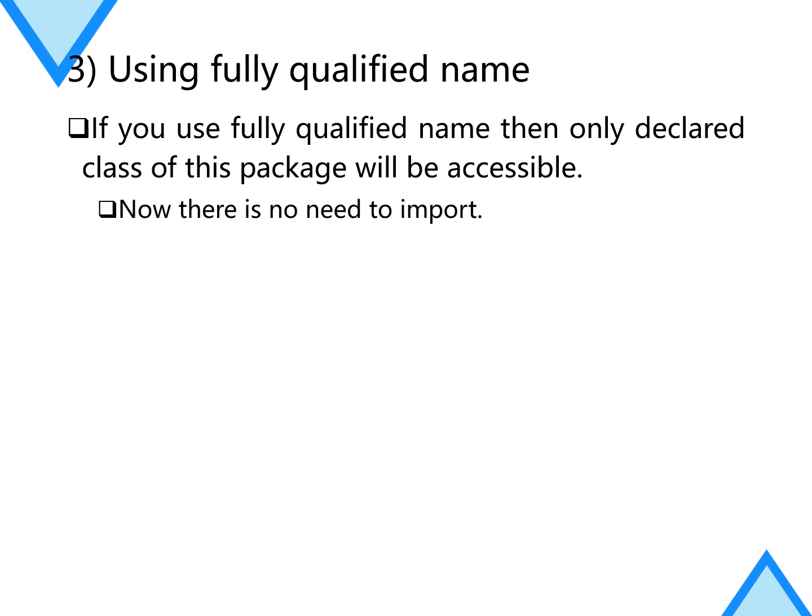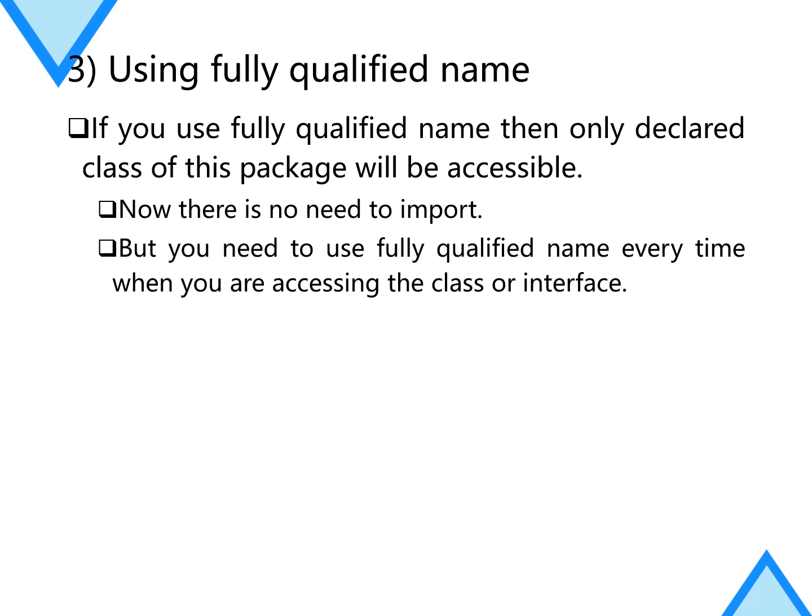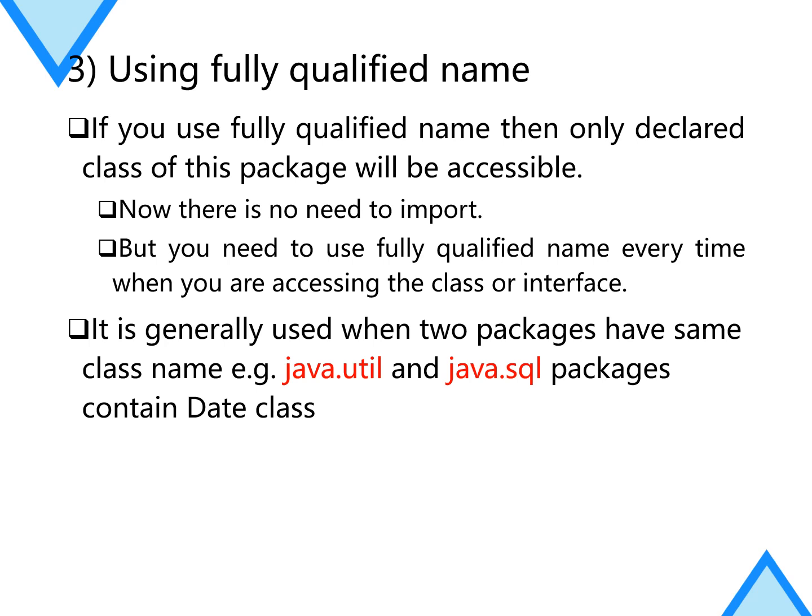With the fully qualified name there is no need to import the package, but you need to use the fully qualified name every time you access the class or interface. So the advantage is that you don't need to import, but the disadvantage is that every time you access the class or interface, you need to use the fully qualified name.